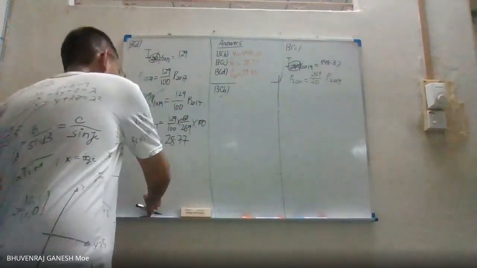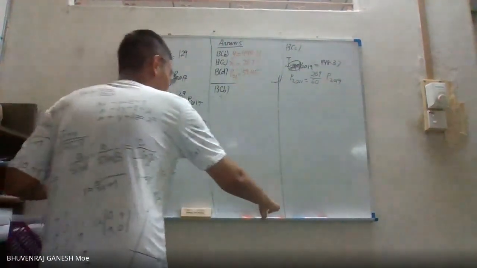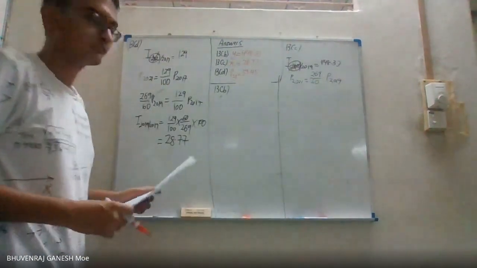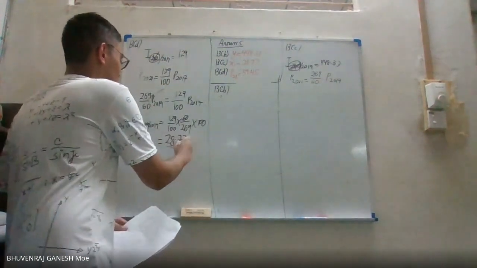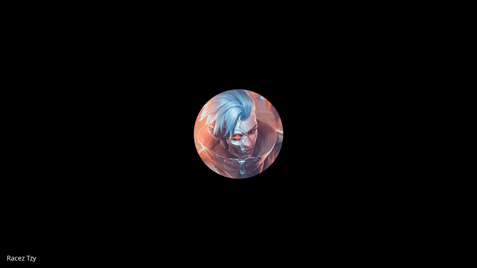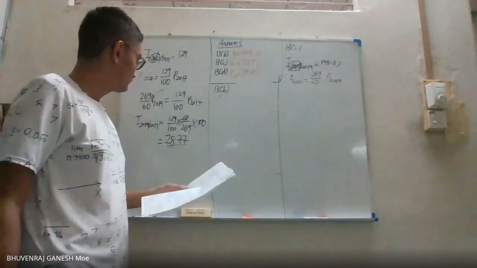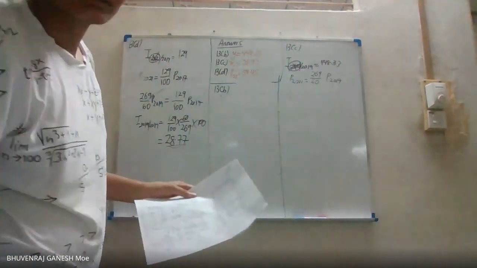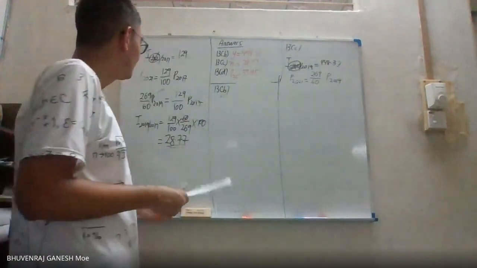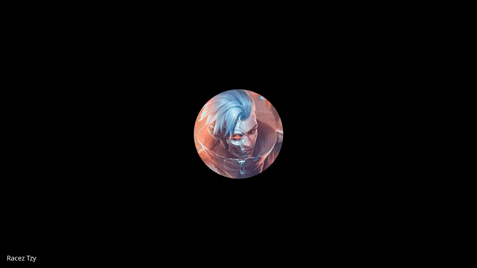So if I ask you to interpret it, how will you interpret the number? Final answer? Decrease by... Just use the calculator. Decrease by 71.23%.